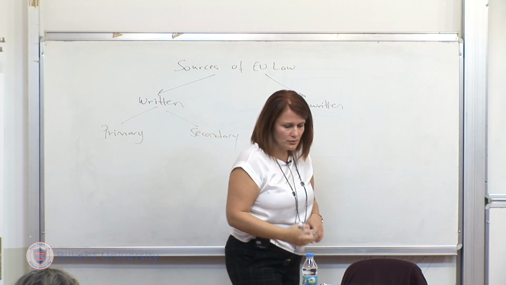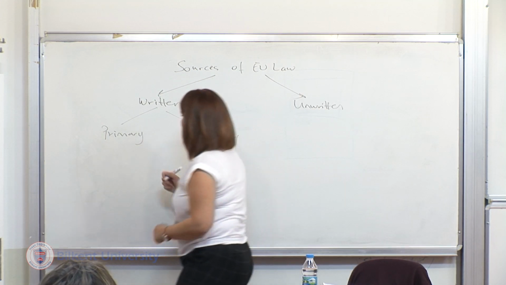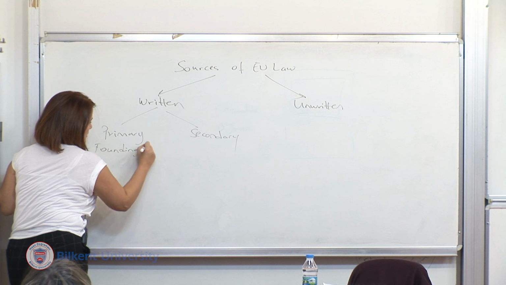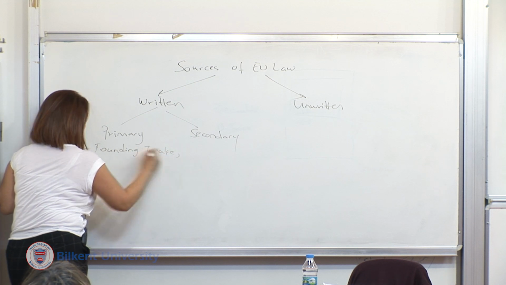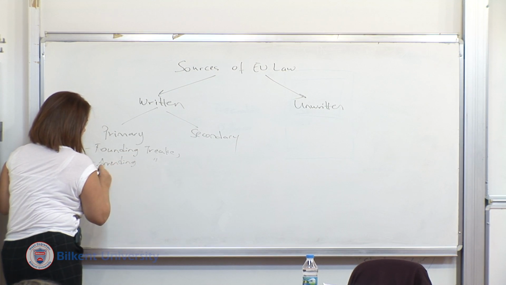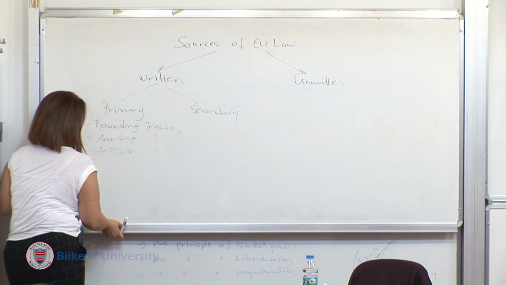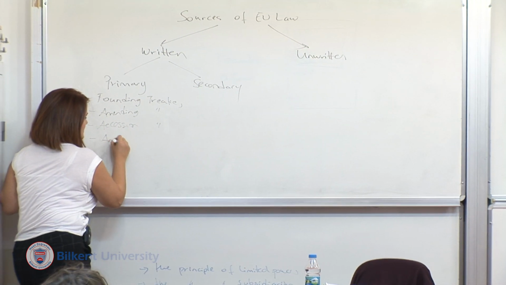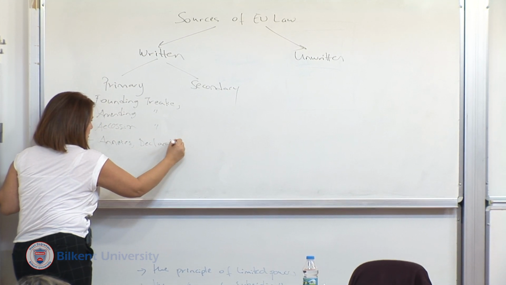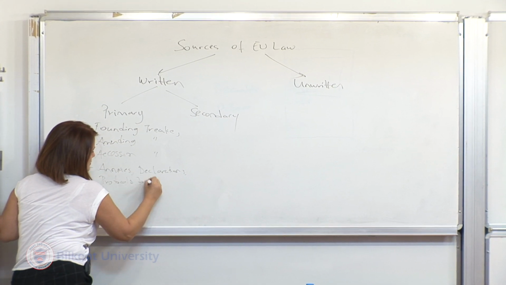The primary sources of European Union law include the Founding Treaties, the Amending Treaties, Accession Treaties, the annexes, declarations, protocols to these treaties.